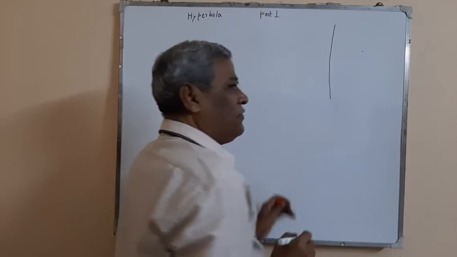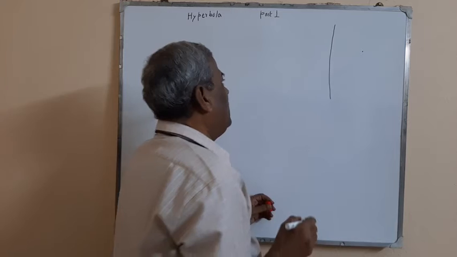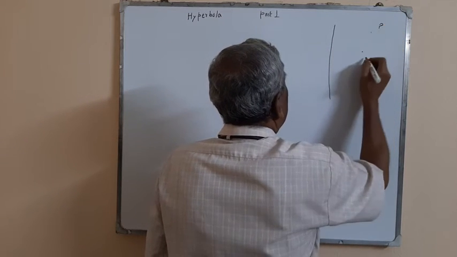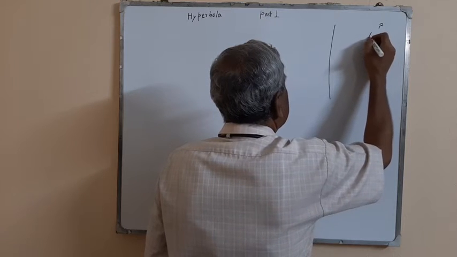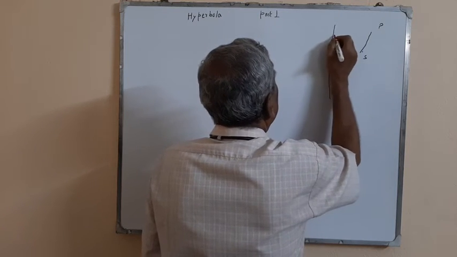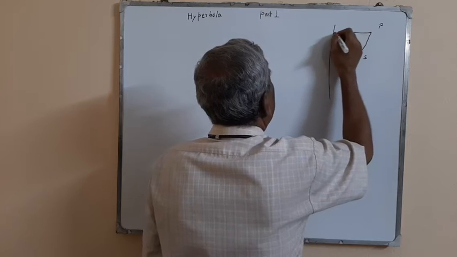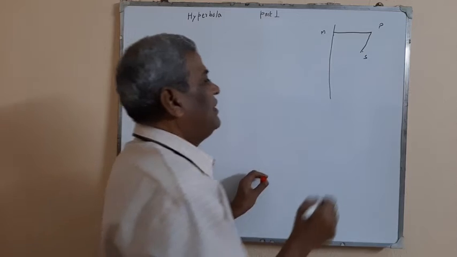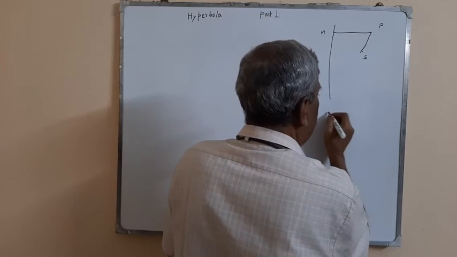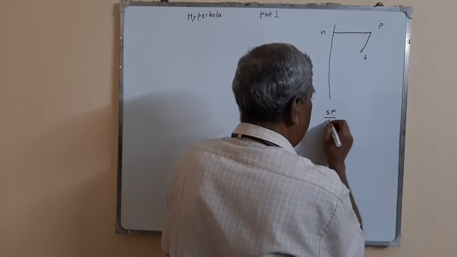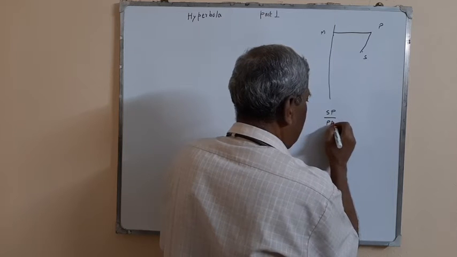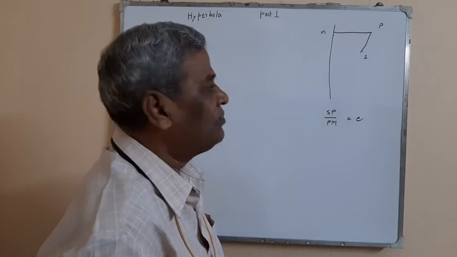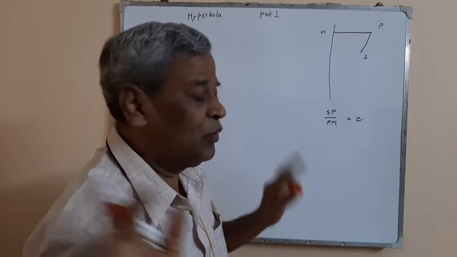And if a point P moves in such a way that P to the fixed point S and P to the perpendicular distance PM on the straight line, if the ratio SP by PM is always equal to E, then it is either an ellipse or a hyperbola.